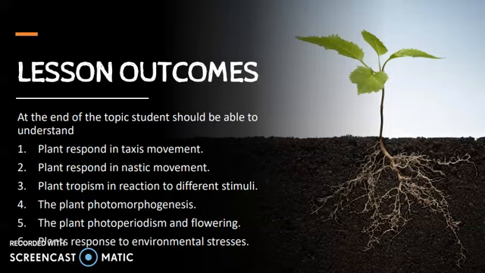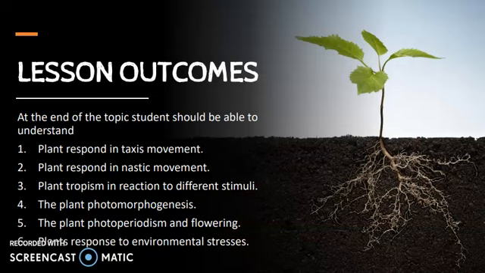Now we want to discuss the learning outcomes that derive from this topic. Upon completion of this topic, students will be able to know plant response in axis movement. That's the first learning outcome for this chapter. The second one, plant response in active movement.